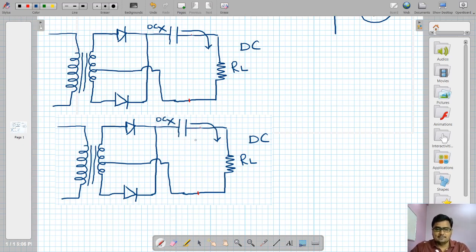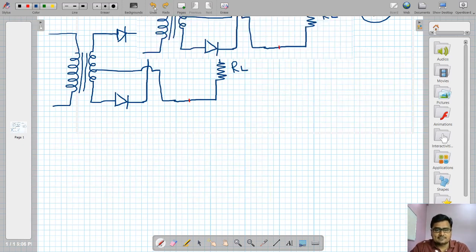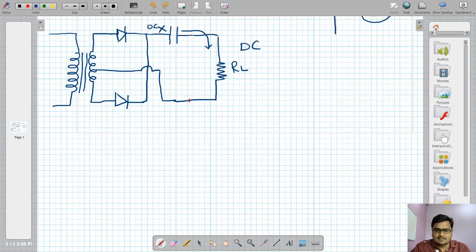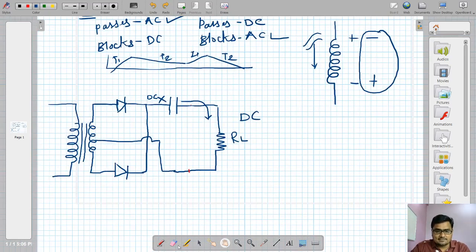Let me rub it here. No, that's also not good. Okay, whatever, let's make changes there itself. Let me rub the capacitor from that place and connect the capacitor in parallel as it was.